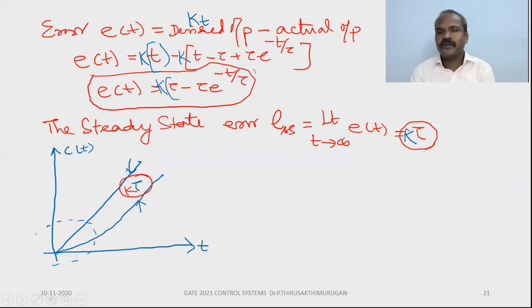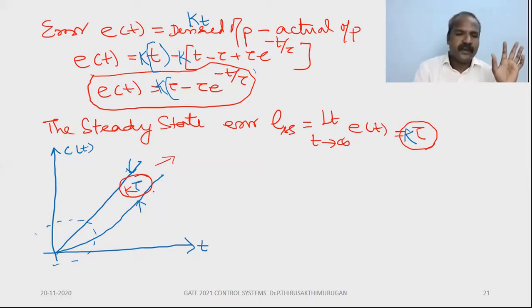From this figure it is understood that during the steady state, the output velocity matches the input. It is linearly proportional. The input velocity is a ramp, but the output lags behind by a time constant of tau.